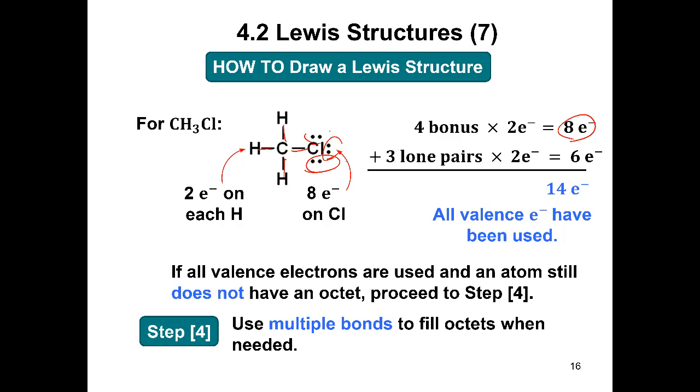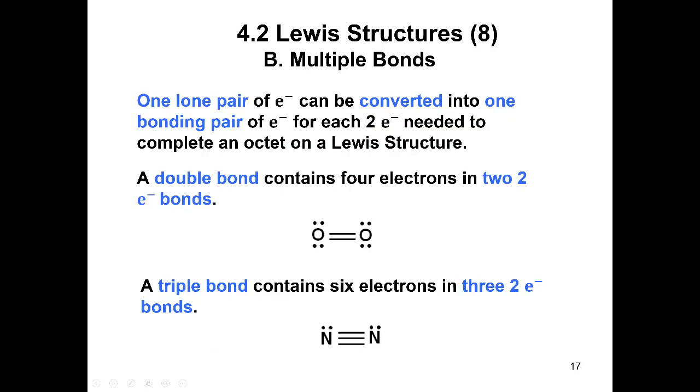You would use multiple bonds to fill octets if you still have some left over. One lone pair of electrons can be converted into a bonding pair of electrons if you need two more to do that. For example, a double bond has 4 electrons in it, so it has two 2-electron bonds.